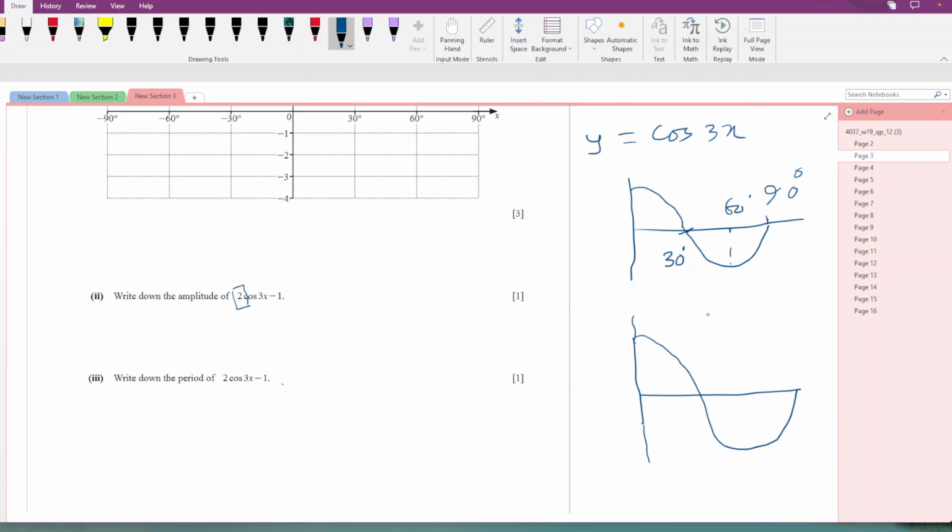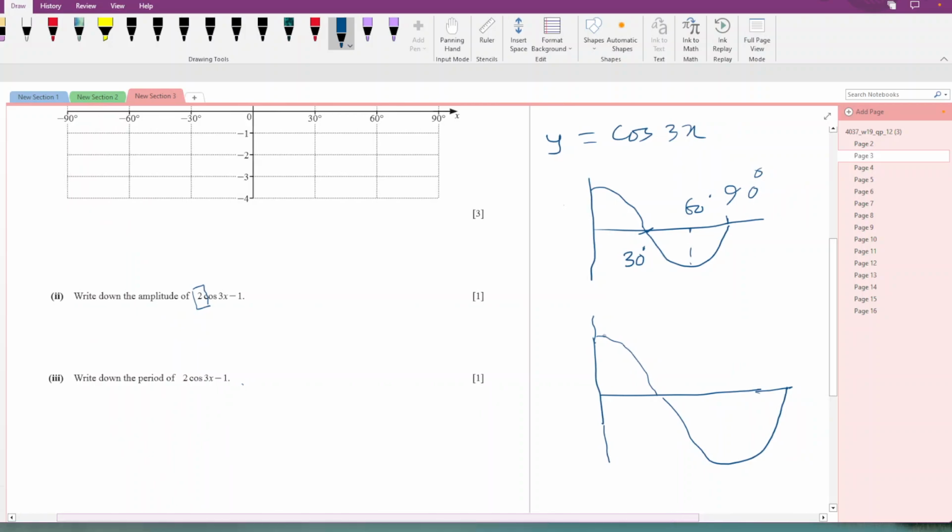Here is 30°, here is 60°, and here is 90°, and here is 2, and here is minus 2.